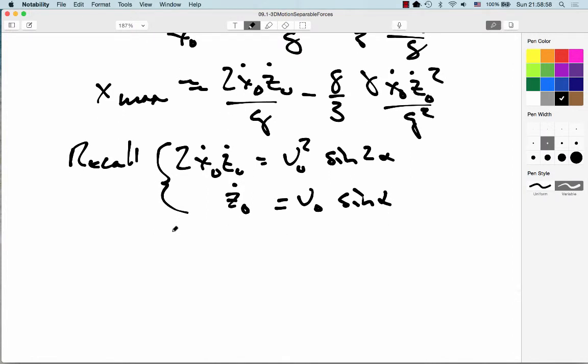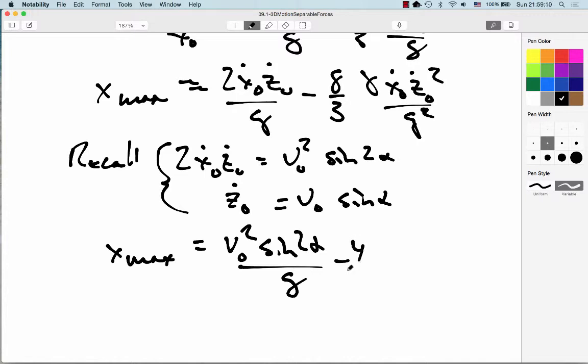So putting that in, we can finally get x max into a somewhat useful form of v naught squared sine 2 alpha over g minus 4/3 v naught cubed sine 2 alpha sine alpha over g squared gamma plus higher order.